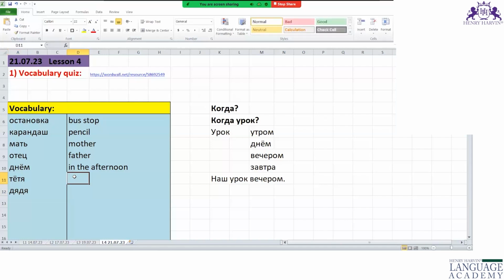So let me tell you a bit more about these words, aunt and uncle. Usually we say тетя, дядя about our uncles and aunts, and we do not differentiate whether it is mother's or father's side, it doesn't matter. It's the same as with дедушка, бабушка. So we only have these words, тетя, дядя. Also, a little child who points at someone on the street and asks, who is this auntie, who is this woman, right?